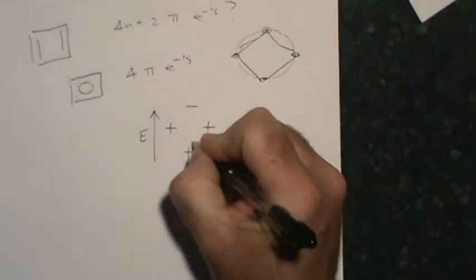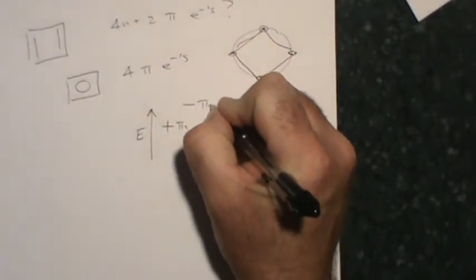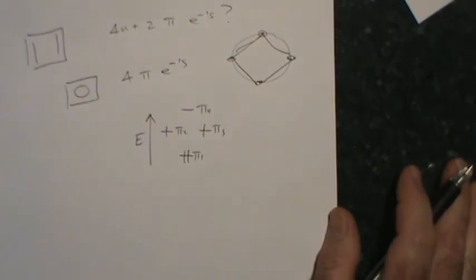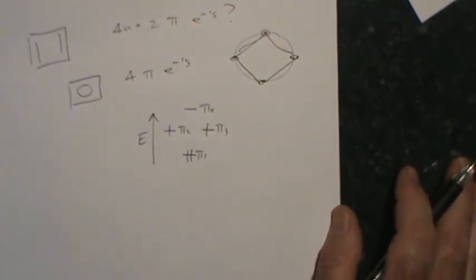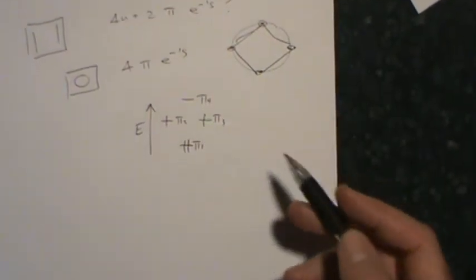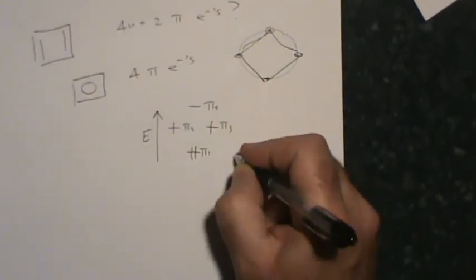We could call this pi 1, pi 2, pi 3, and pi 4. 2 unpaired electrons, one in pi 2 and one in pi 3, these degenerate pi molecular orbitals. This molecule behaves like it's a radical. In fact, it's more than just a radical, it's a diradical.